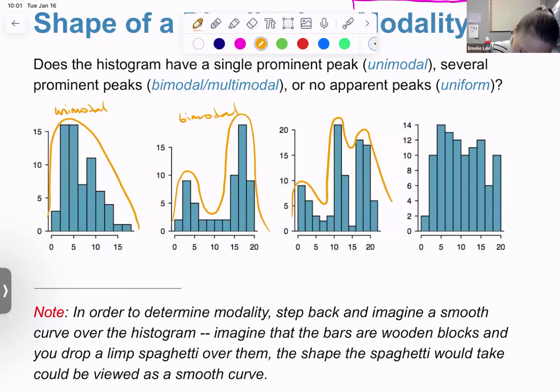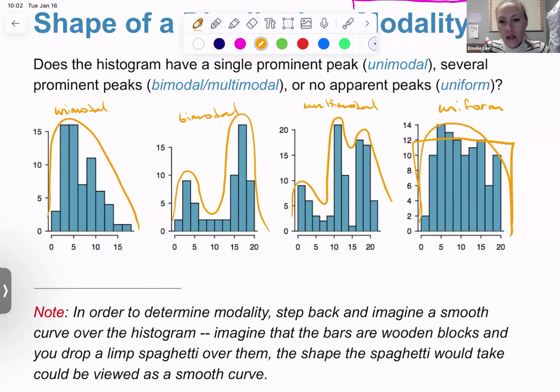And so here, multimodal, arguably. And then if I do this one, it looks relatively uniform, right? If I just do this, it looks relatively uniform. And so it's a little bit tricky in the beginning when you're trying to distinguish these shapes.